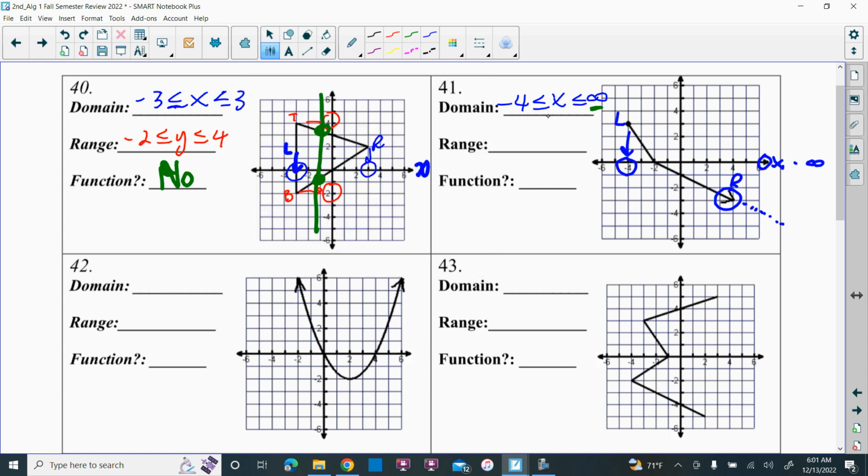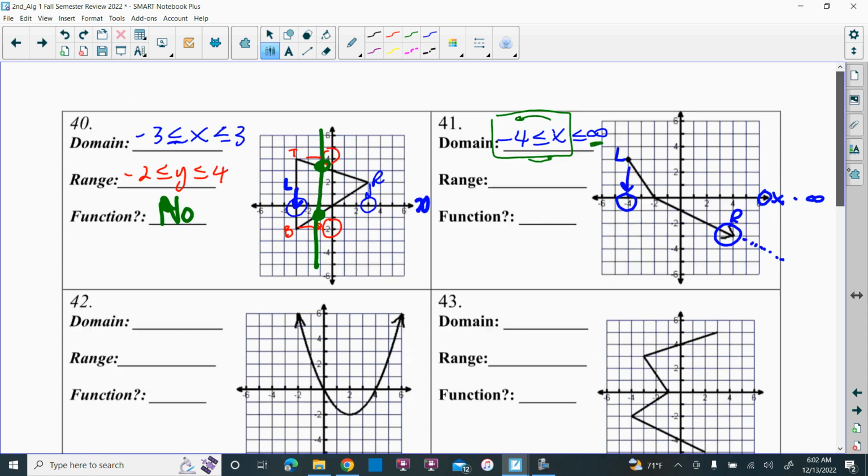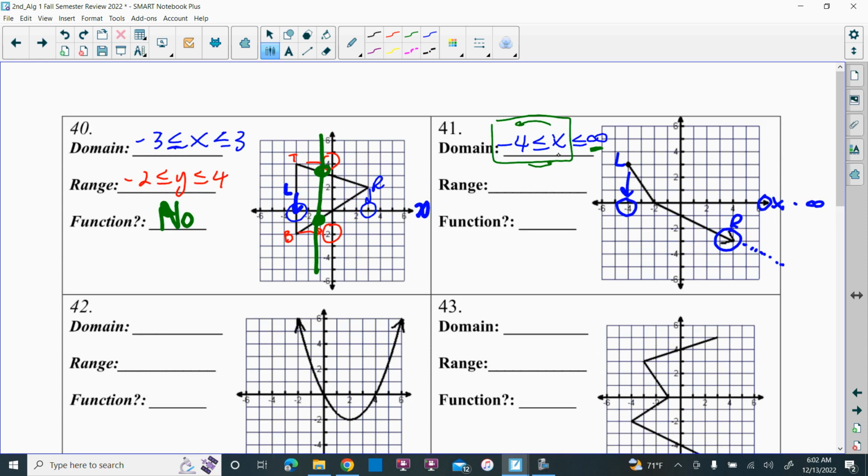So if -4 is less than or equal to x, and I see that this is going to keep going, some people just write this aspect of it, which is true, or I can rewrite it, switching the values, showing the x first. If I bring this x over to this side, you would end up with -4 is less than or equal to x. Well, then that means x is greater than or equal to -4.